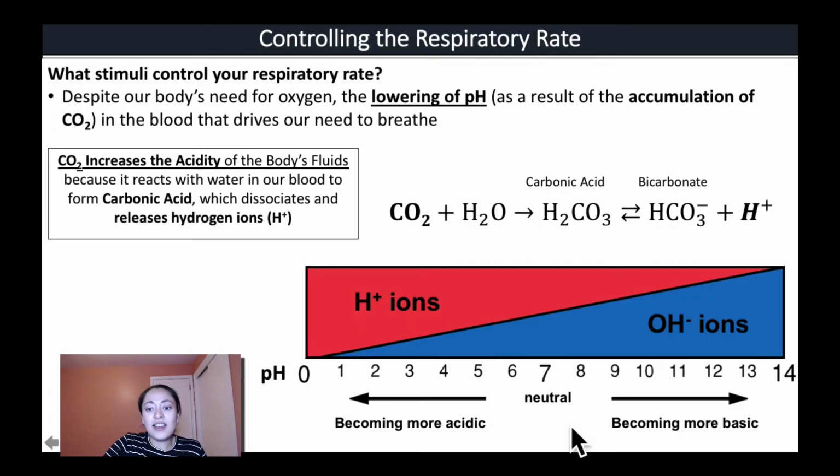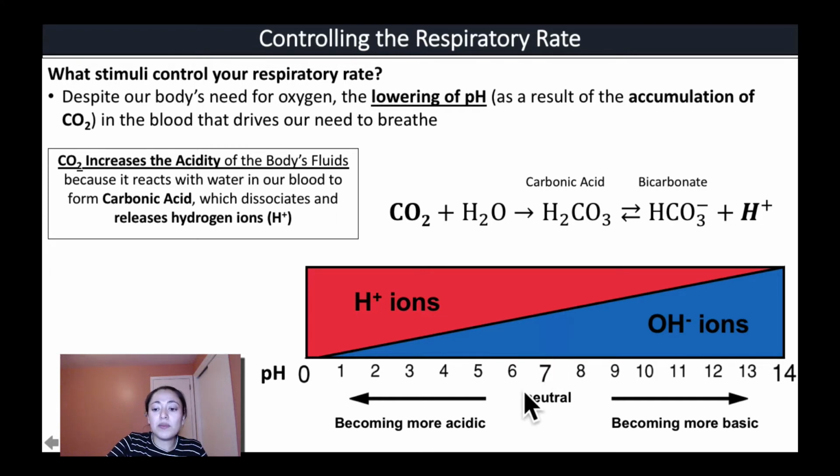Again, something that is neutral has a pH of 7. It's considered neutral because it has an equal amount of hydrogen ions as it does hydroxide ions, shown in blue here. However, as the amount of hydrogen ions increases, it becomes more acidic and the pH gets lower.